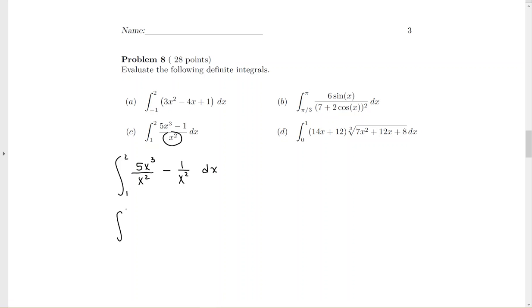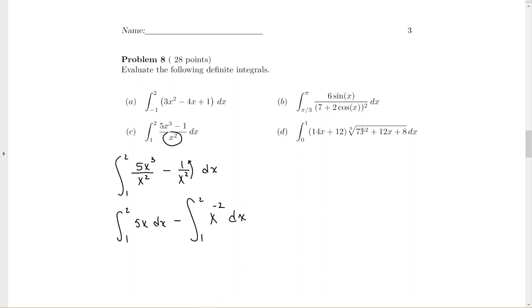So integral from 1 to 2 of 5x minus integral from 1 to 2 of 1 over x squared, again, move those up to a numerator, and then it makes it easier to use your power rule on it. Add 1 and divide by. Okay, and then integrate each of those, and then evaluate from 1 to 2.